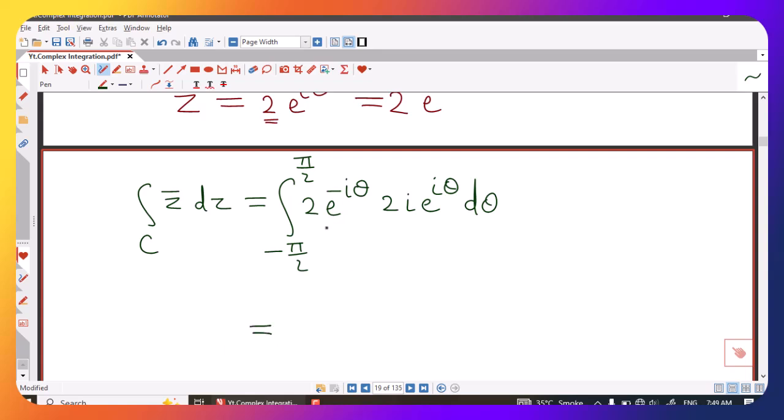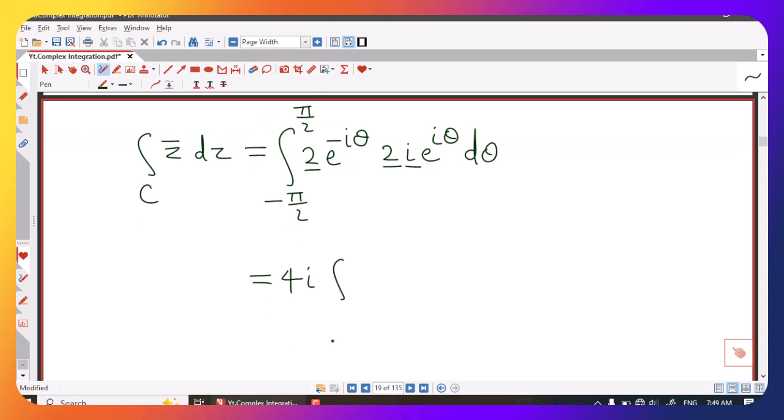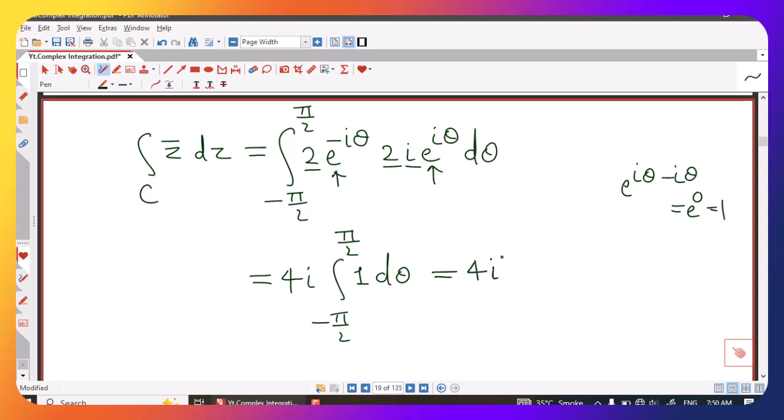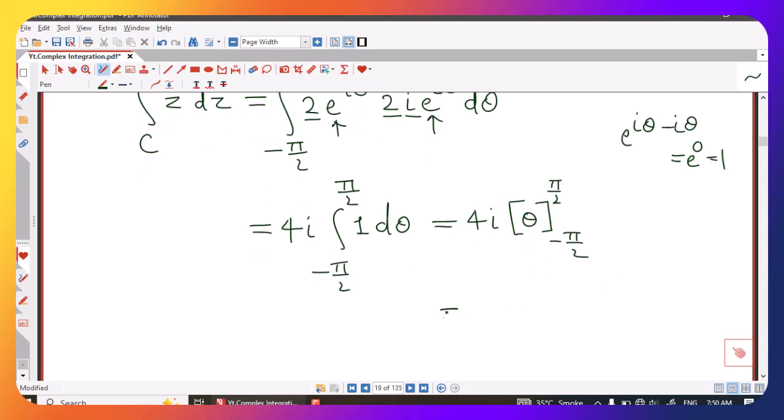Now here 2 into 2 is 4, and i is independent of theta, so we can take them outside the integral. And if we use the property of the exponential function, here we have e raised to i theta into e raised to minus i theta, that is e raised to i theta minus i theta, that is e raised to 0, which is 1. So I directly write 1 here, and now the integral of 1 with respect to theta is theta, and then we put theta equal to pi by 2 as the upper limit.